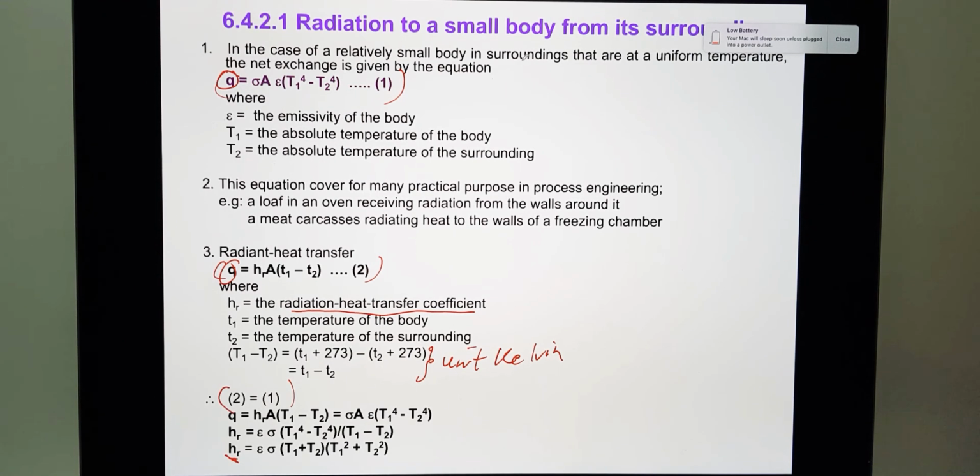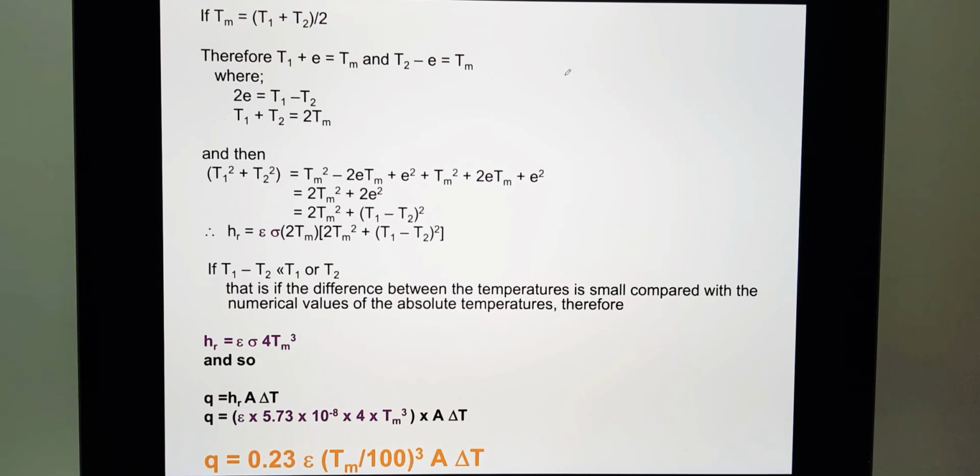This one is meant for the radiation of a small body from its surroundings. Alright, so this is how the equation is derived.